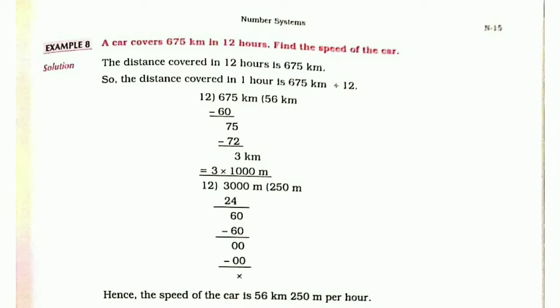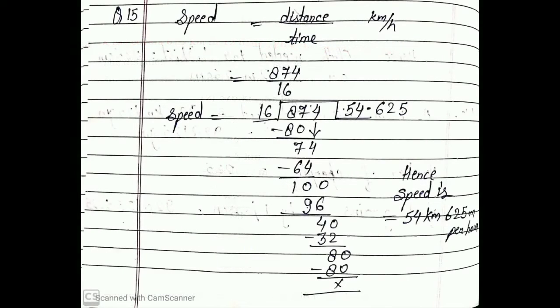Now we are going to solve question number 15. So here for solving this, we have one formula related to speed, distance and time. This formula is very important. You learn it nicely and it is important for the next chapters also.